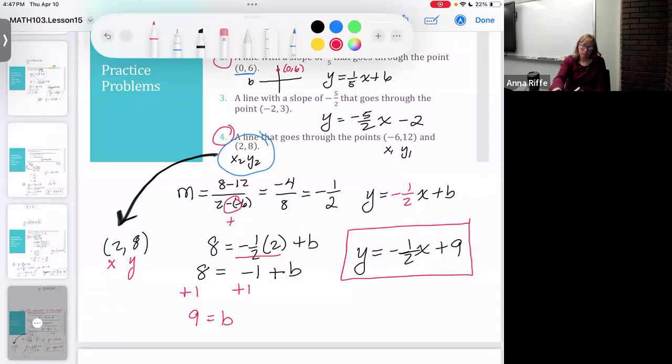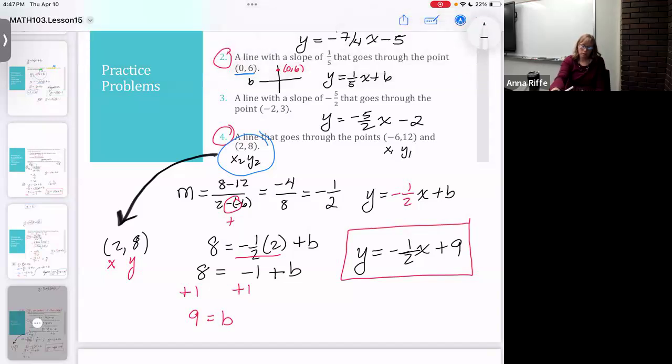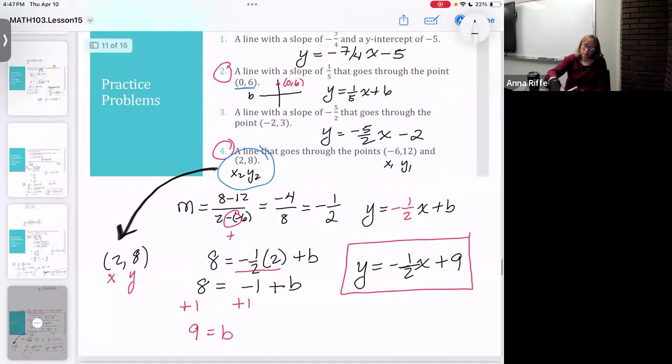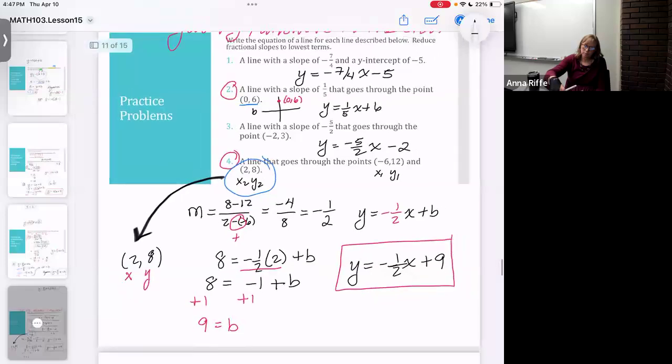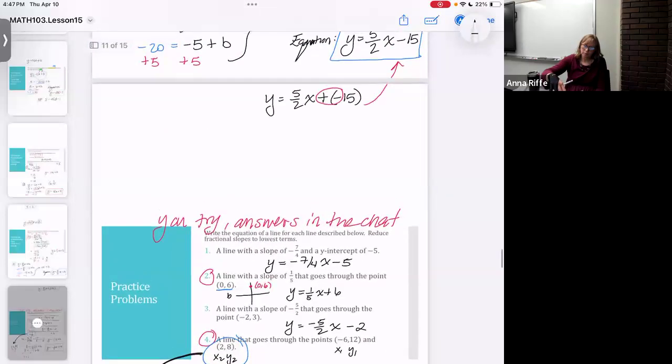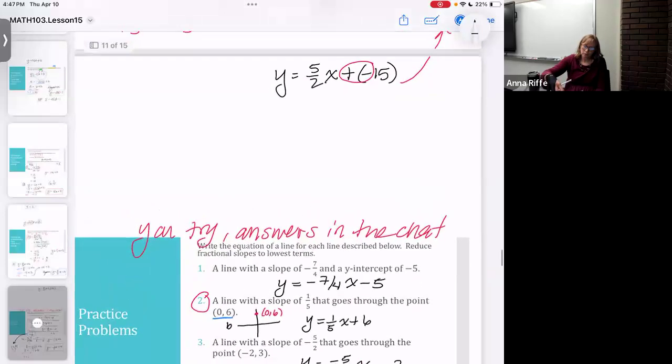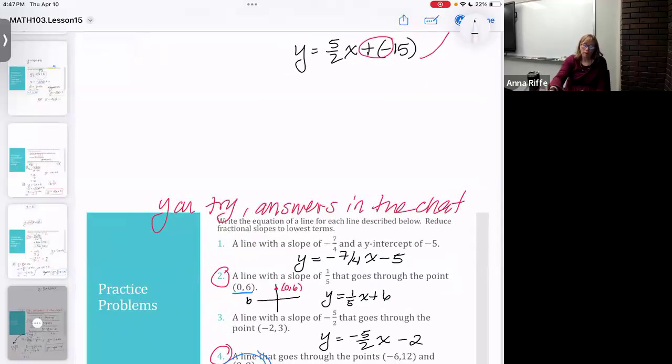So there's that one. And then there's a request to go over 2. Yep, we can totally go over 2. Let me find myself some room here. There we go. So number 2, there's a couple different ways you could have done number 2. So we know that m is 1/5, and then we have this 1 xy pair 0, 6.